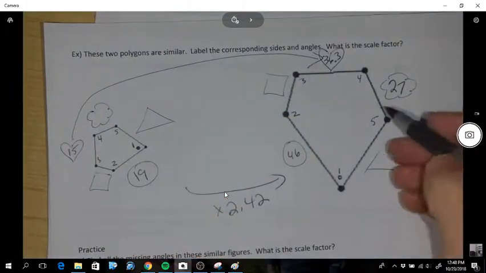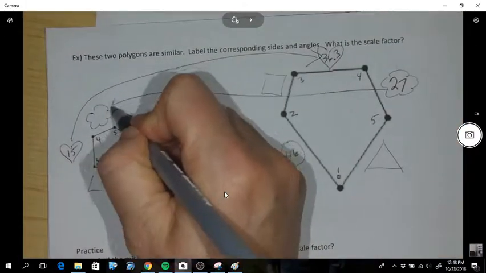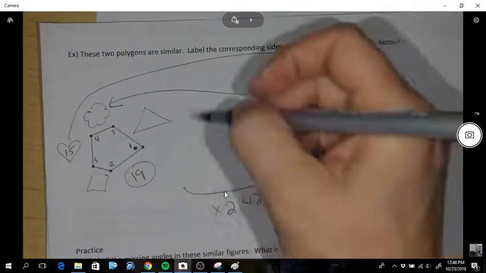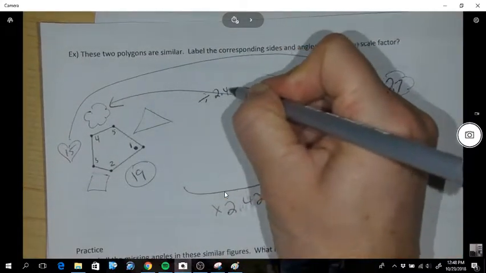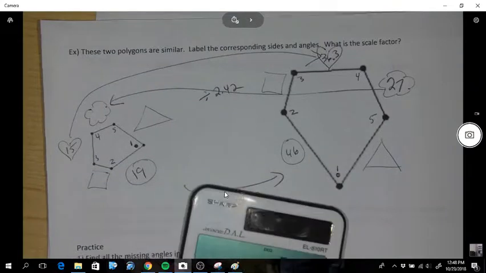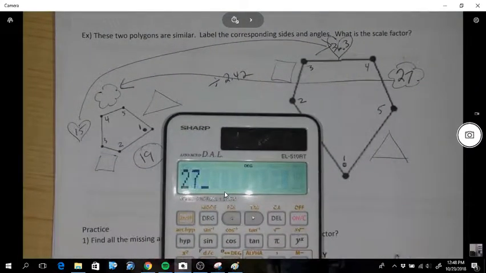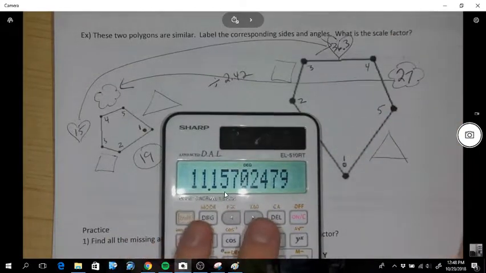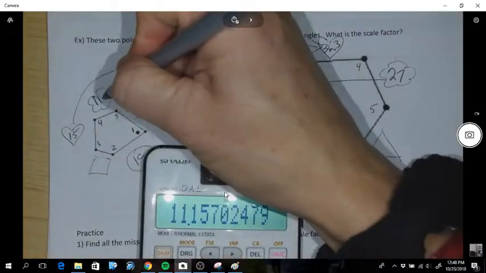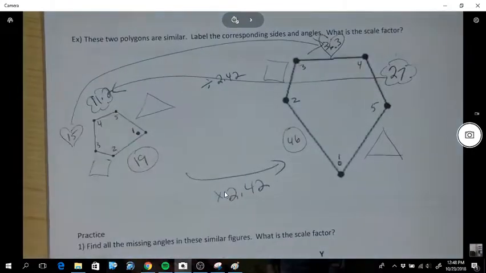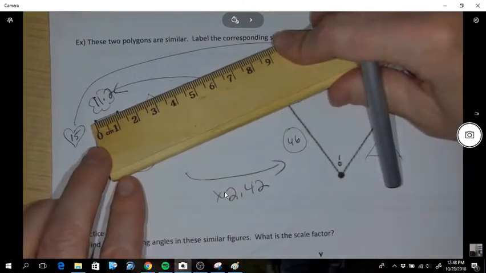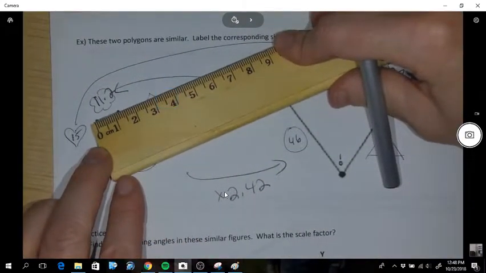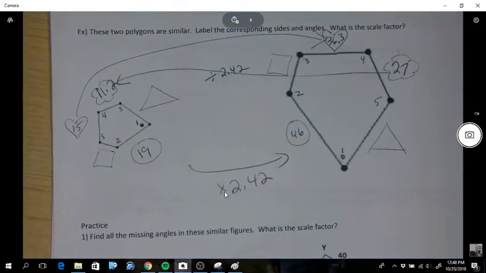So if I want to get to its corresponding, now this way I would divide, because I'm going backwards, I'm getting to the smaller one. 27 divided by 2.42 means 11.2. So this one should be 11.2. And it is. Okay, does that make sense?